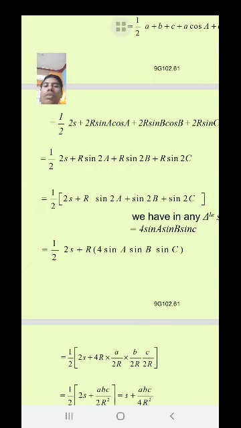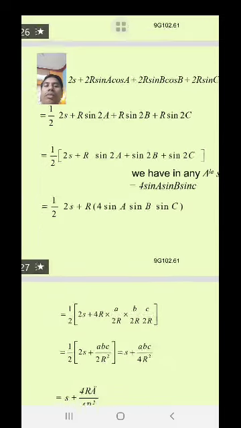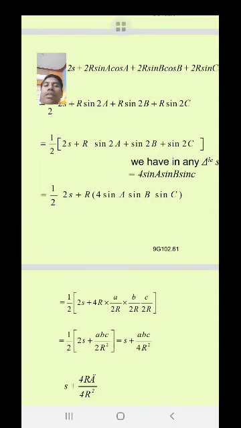So half into 2s plus R into sin 2A plus sin 2B plus sin 2C.